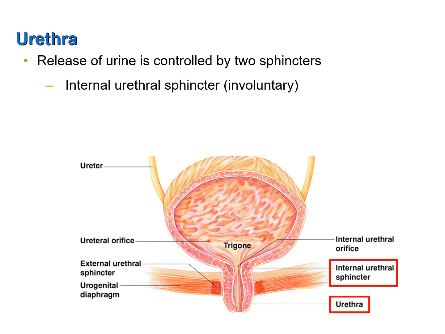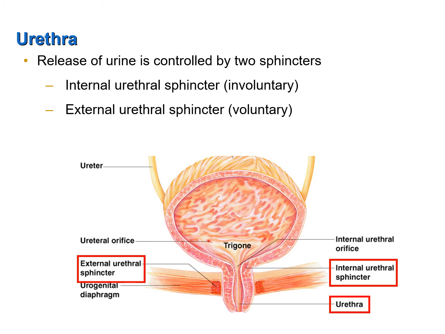The internal urethral sphincter is composed of smooth muscle and is therefore under involuntary control. The external urethral sphincter is composed of skeletal muscle and is therefore under voluntary control. Carl will talk more about these two urethral sphincters and the role that they play in micturition, or the release of urine from the bladder.